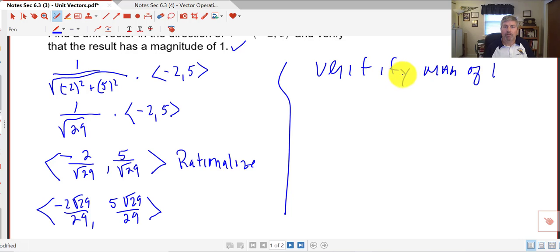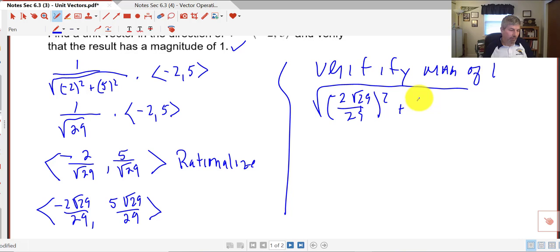So using our distance formula with our new vector, we have -2 square root of 29 over 29, that whole quantity squared, plus 5 square root of 29 over 29, that whole quantity squared.